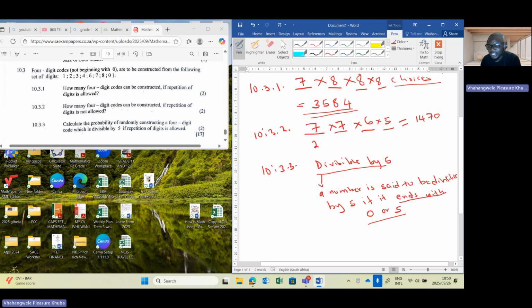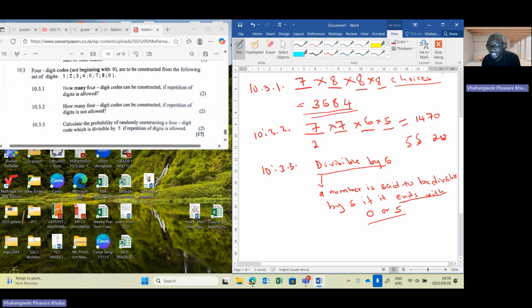If it ends with a 0 or a 5, then that number is divisible by 5. So any number you can test. If you have 55, you know for sure 5 is a factor of this number. If you have 20, because it ends with a 0, 5 is a factor of this number as well. So any number that is divisible by 5 must end with a 5 or a 0.